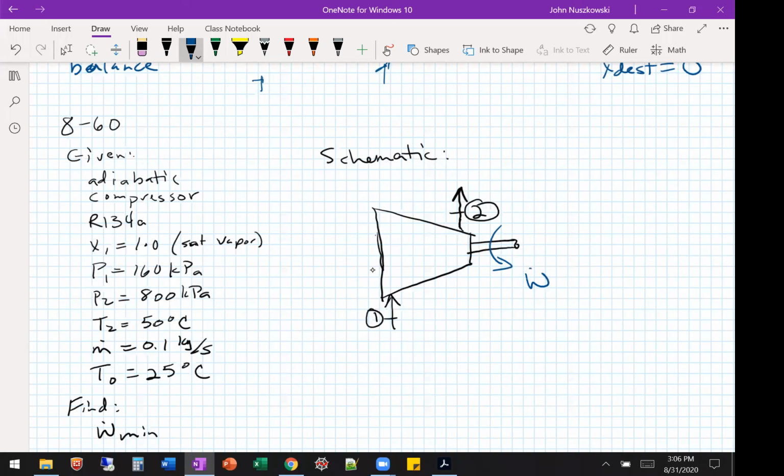Got our input shaft there for power. It's adiabatic, so we got some insulation. That's a compressor. And any assumptions?